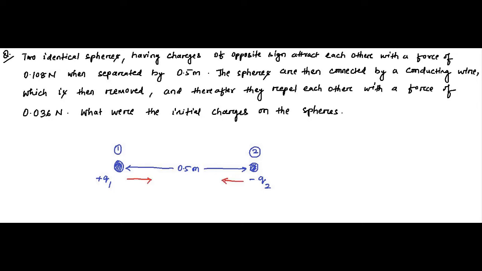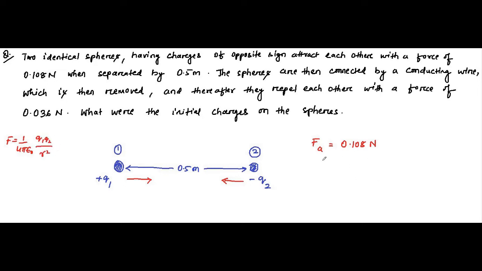That force of attraction is equal to 0.108 Newton. Any kind of electric force, whether attraction or repulsion, is equal to 1 by 4 pi epsilon 0 q1 q2 by r square.